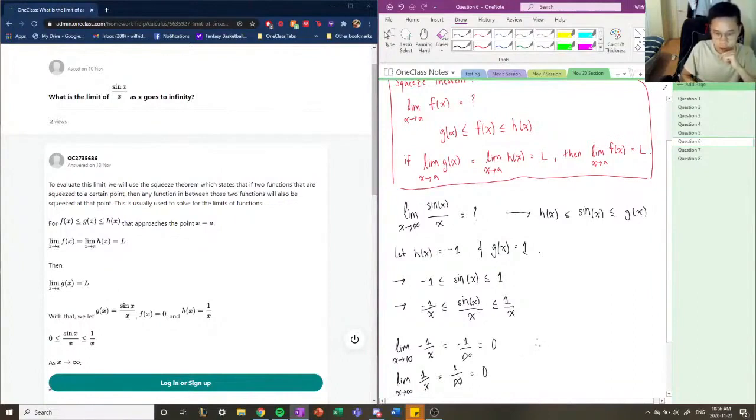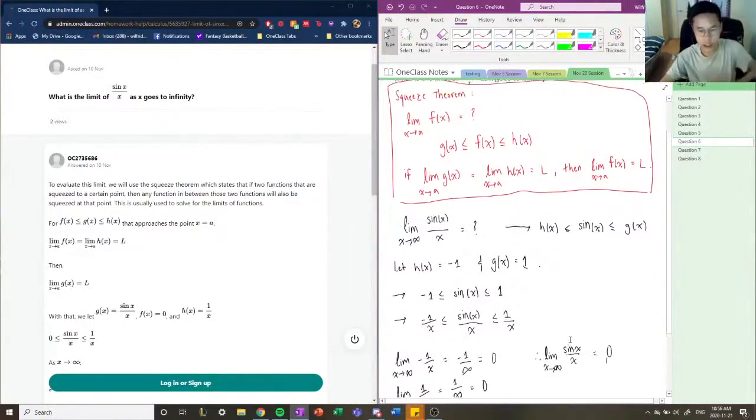Therefore, according to our squeeze theorem, the limit of sine x over x as x approaches infinity equals 0. So we had to do nothing to sine x over x. We just calculated the limits of these two simpler functions, and we found the limit of our middle function.